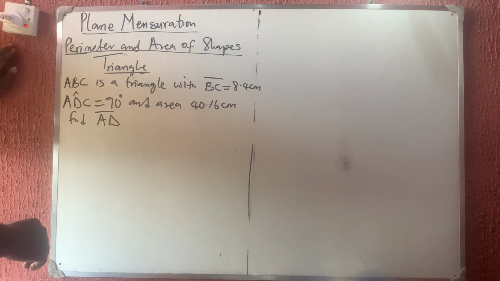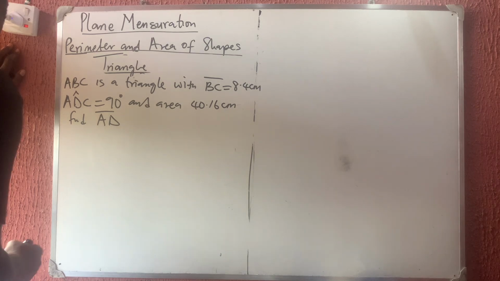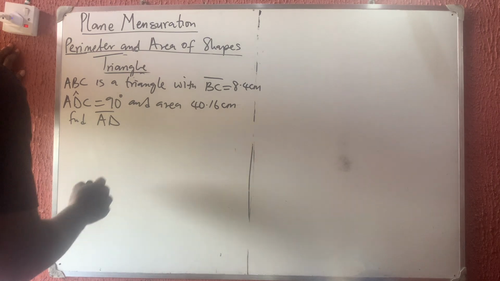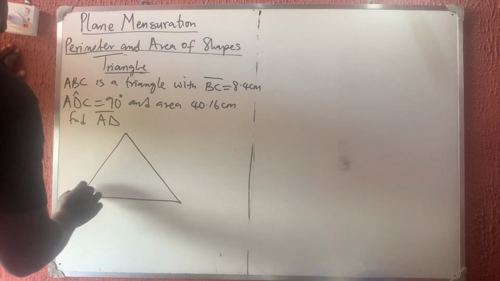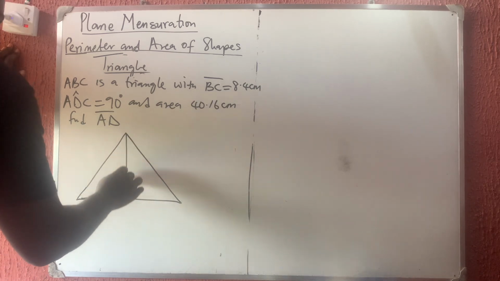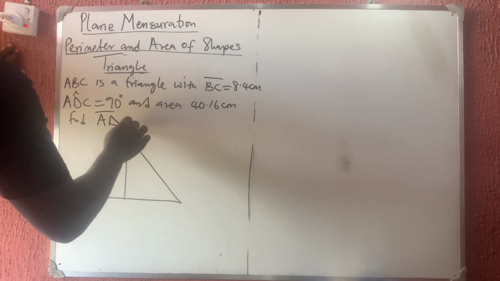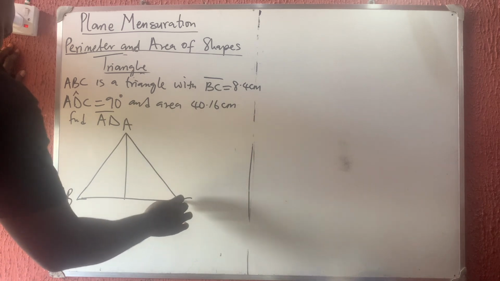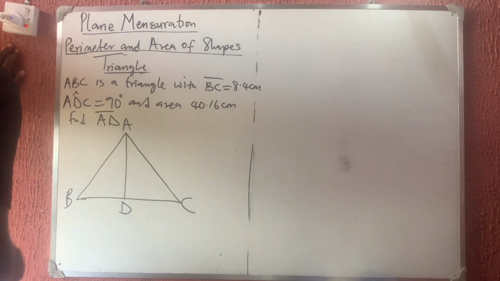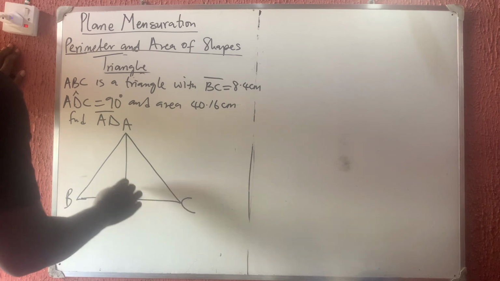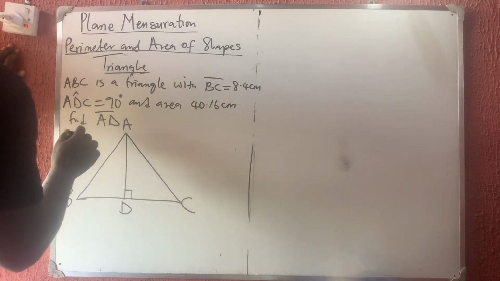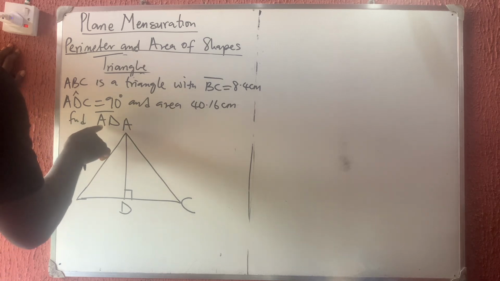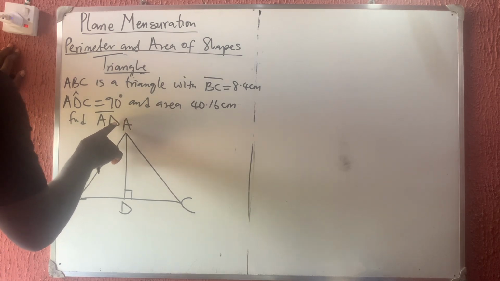Okay, now, they now gave us the triangle. They said that this is the triangle. So they said that this is A, this is B, and this is C, while here is D. So they said that here is 90. This is not ADA, this side is A. Don't confuse this.